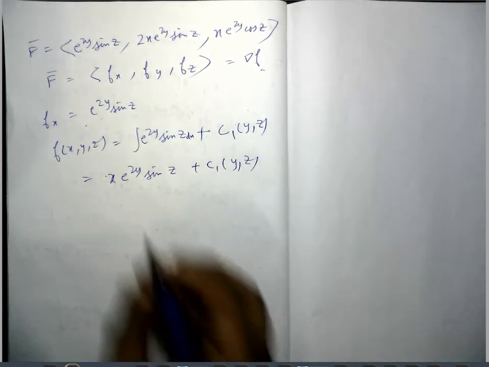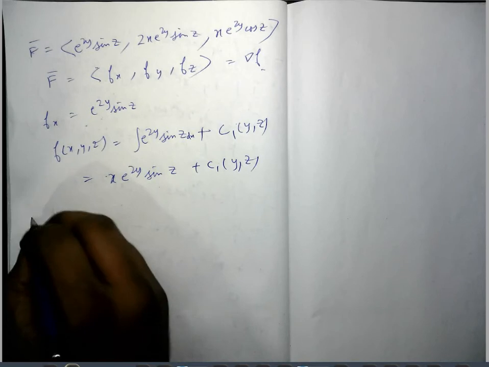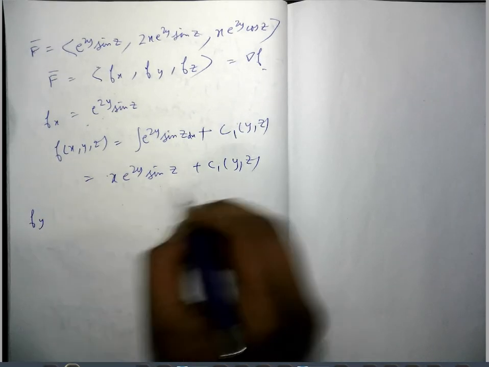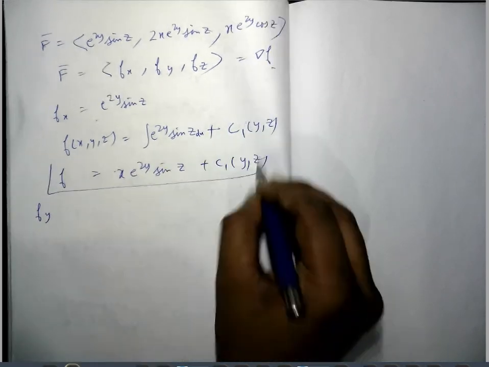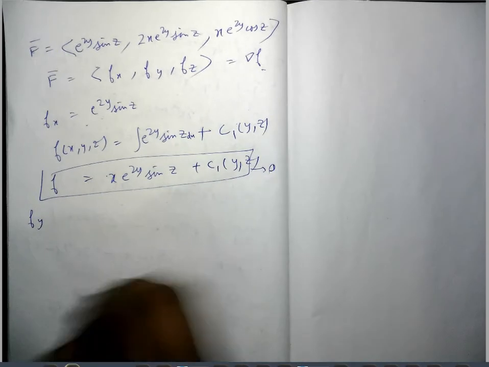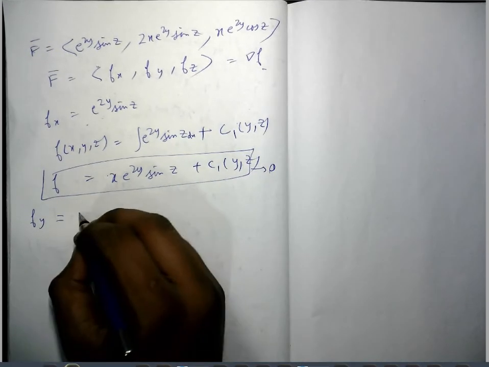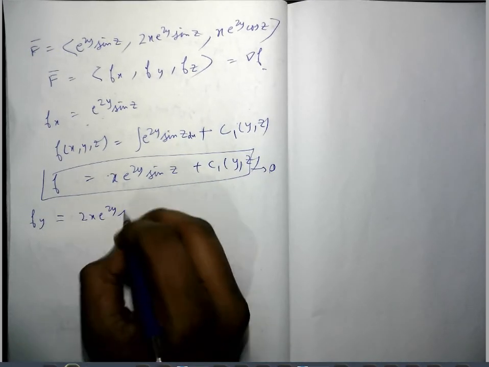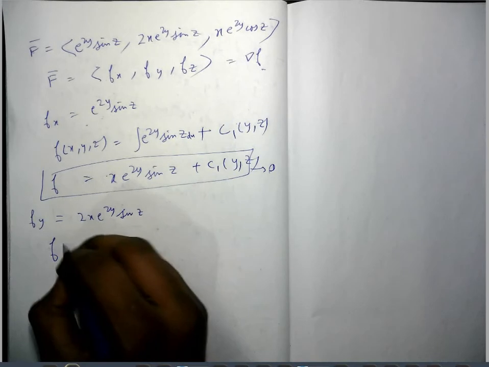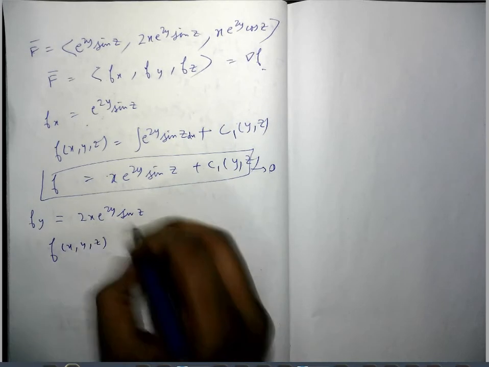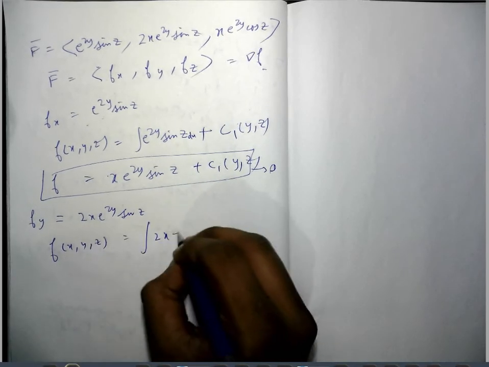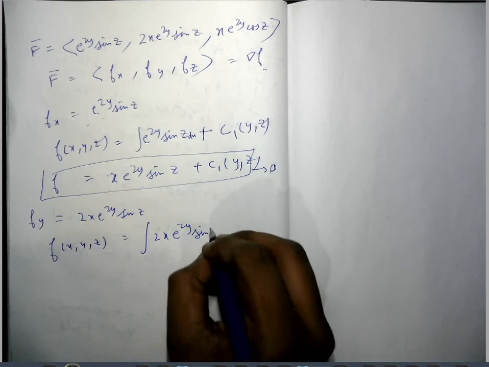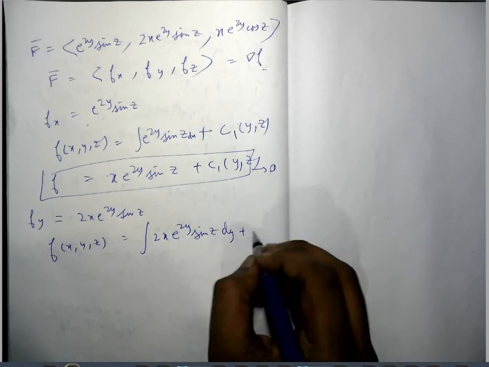The second equation is that fy is 2x e to the power 2y sin z. So that means f has to be equal to, you integrate this with respect to y, and you have a function of x and z. If you are unable to understand this calculation, you may want to watch the video about gradients which was sent earlier.